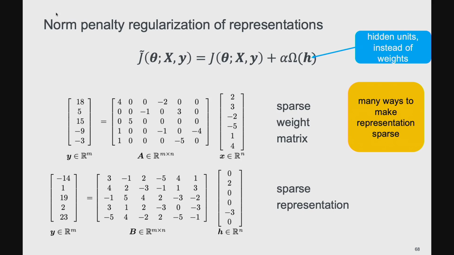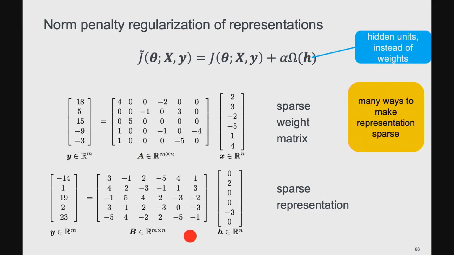I mentioned this before. I should maybe have placed this in the previous unit. Instead of regularizing the weights, you can also regularize the hidden units. So here you have a y, and here you have the input. You take the input times the matrix, and in this matrix, which is regularized, you have many zero positions.